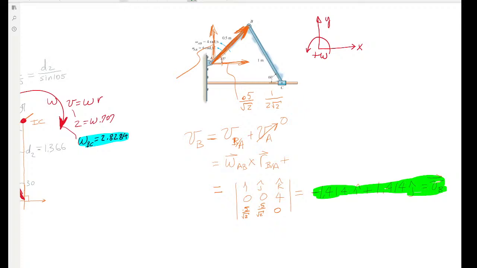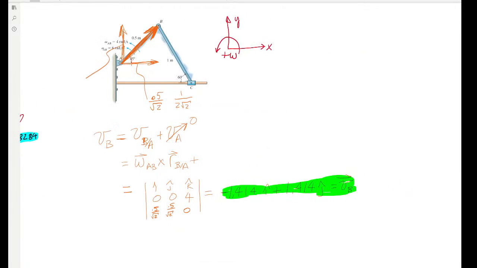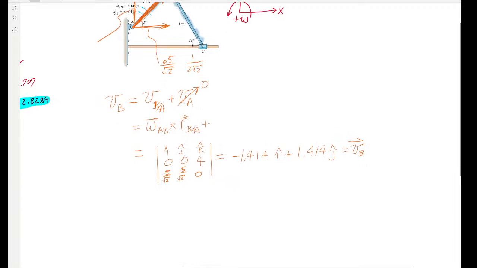The second phase is related to the fact that B and C are on the same link. Because of that, you know what I'm going to do? I am going to do this to allow myself a little bit more space. These should have been vectors.